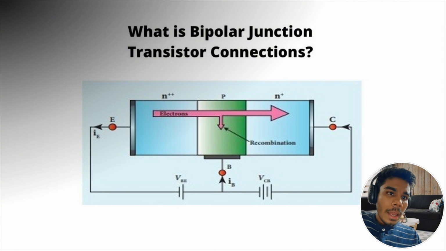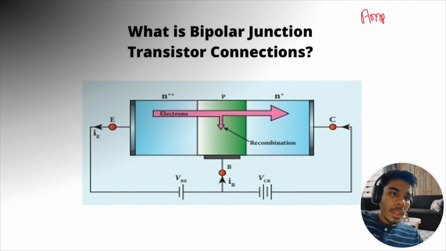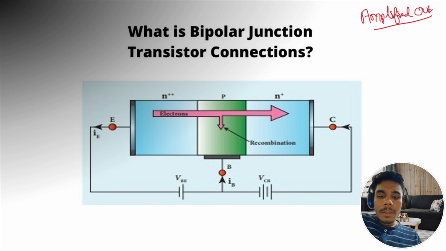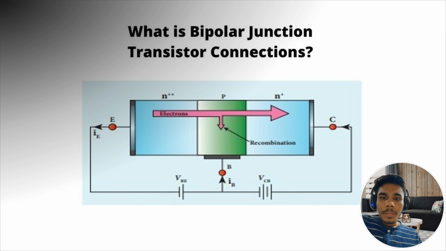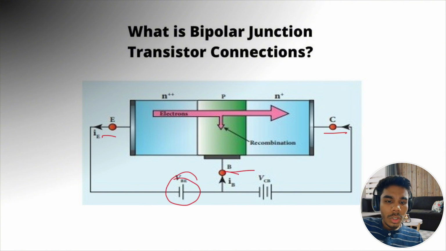To get the amplified output, we must connect the EB junction in forward biasing and the CB junction in reverse biasing. It is a must to connect the EB junction to forward bias and the CB junction to reverse bias to get the amplified output.